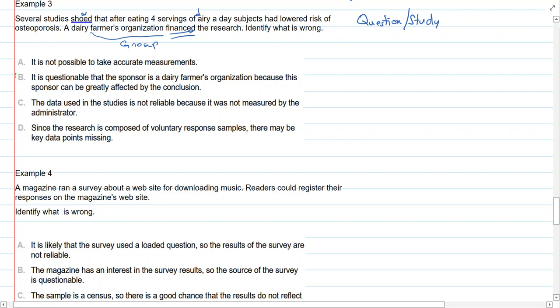And it was 4 servings of dairy a day lowers risk of osteoporosis.